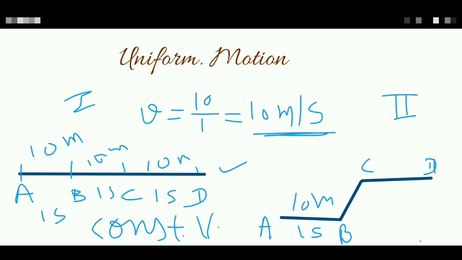Okay, this shows variable velocity. So when an object moves with a constant speed but changes direction, we can say the velocity is changing.